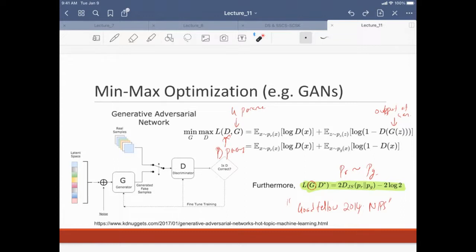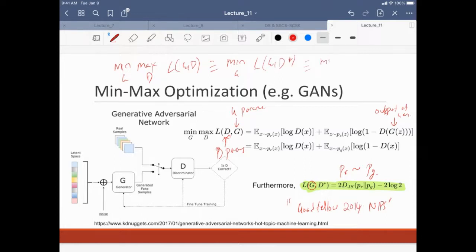I'm not exactly following. Oh, I see. So yeah, you're basically minimizing this, right? So minimizing min G max D of L(G,D) is equivalent to minimizing over G this term, which is L(G, D star), right?